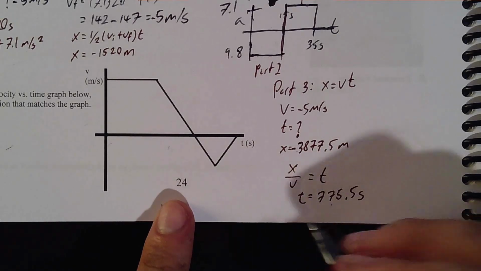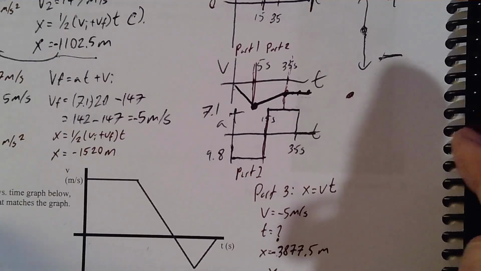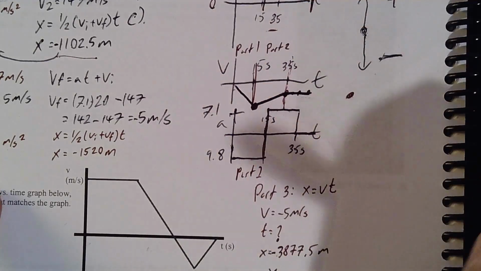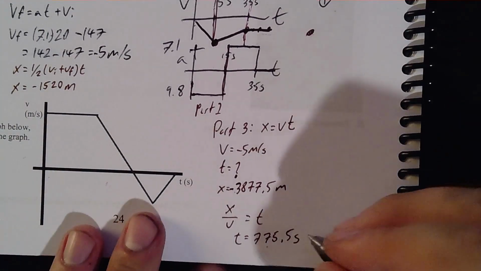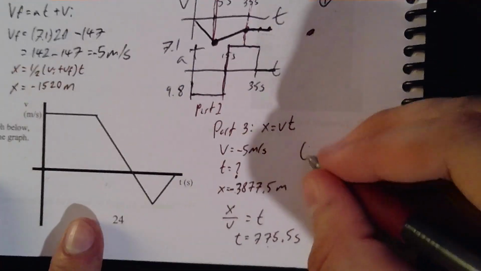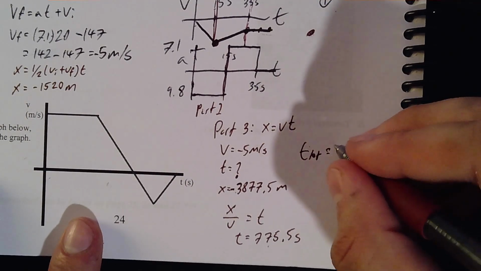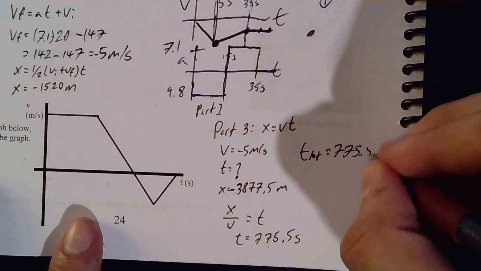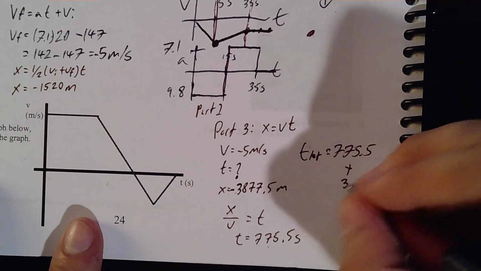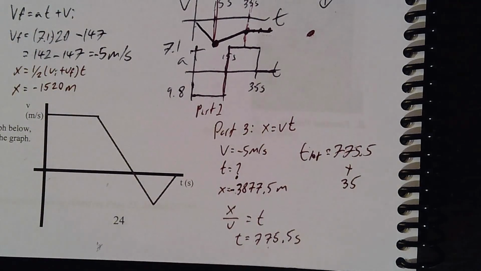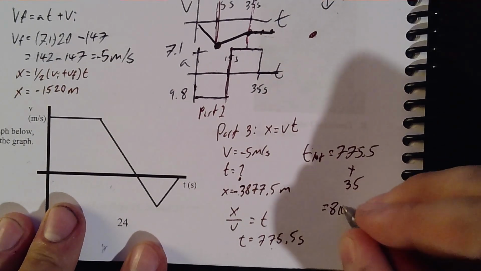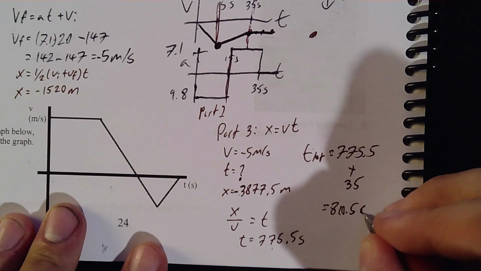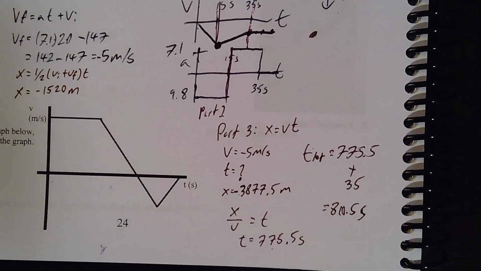Now note, this is this plus the 35 seconds it takes to get to the beginning of this, to be the total time. So we'll take this and do t total is equal to 775.5 plus 35. And we can get that our total time right here is equal to 810.5 seconds. Assuming I did all my math right.